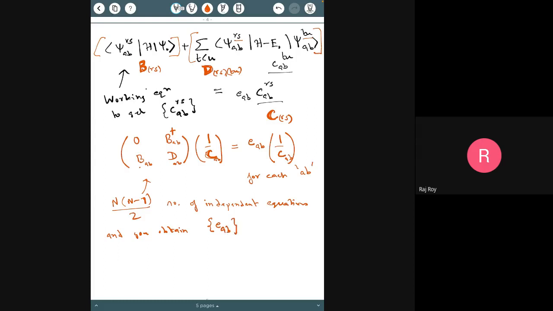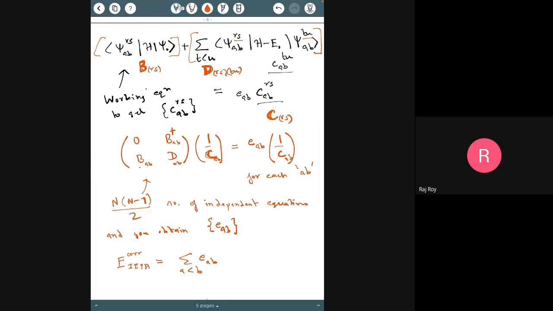And then you compute an overall correlation energy at the IEPA level, which is a sum over all the unique AB pairs. You just sum small EAB. Okay?